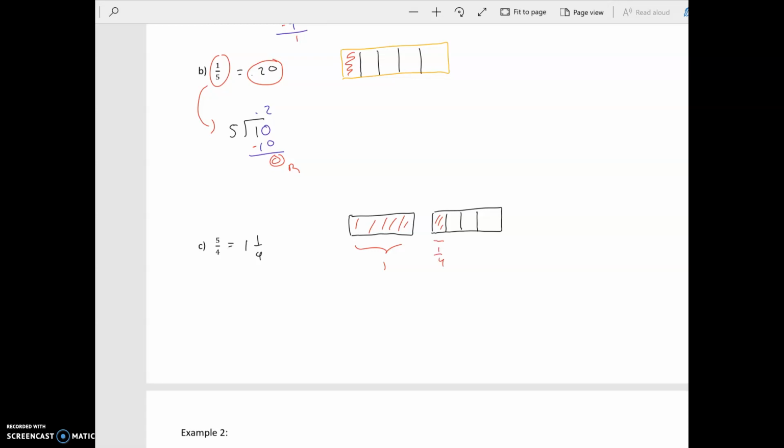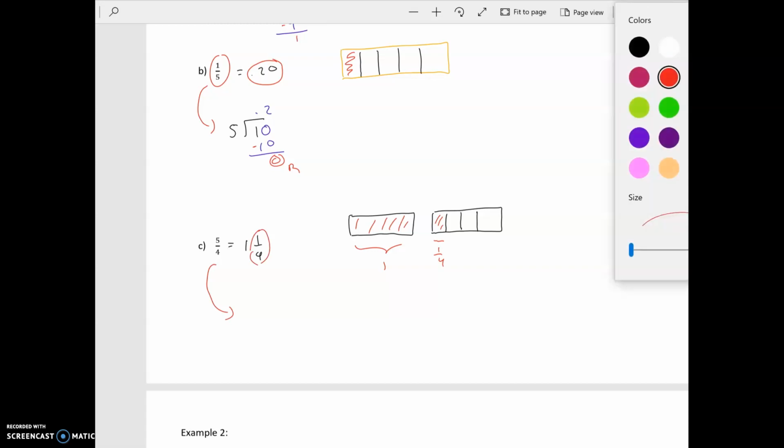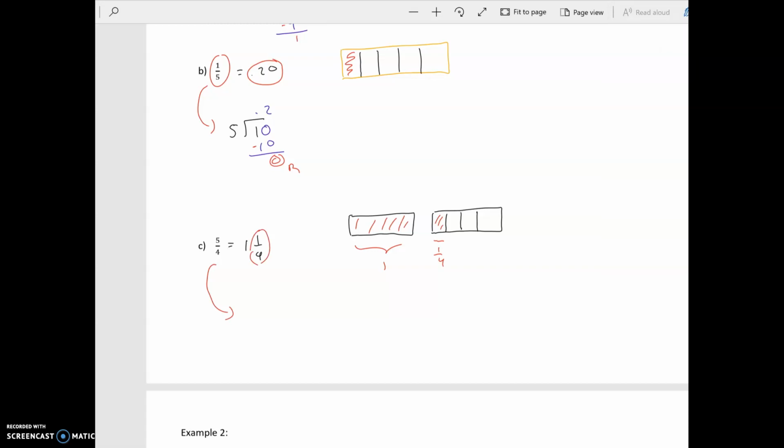As we express this one as a decimal, you're just going to carry out this division of the 1/4. So 4 on the outside, 1 on the inside. As we go into the decimals, we put a decimal point and a 0. 4 times 2 is equal to 8.